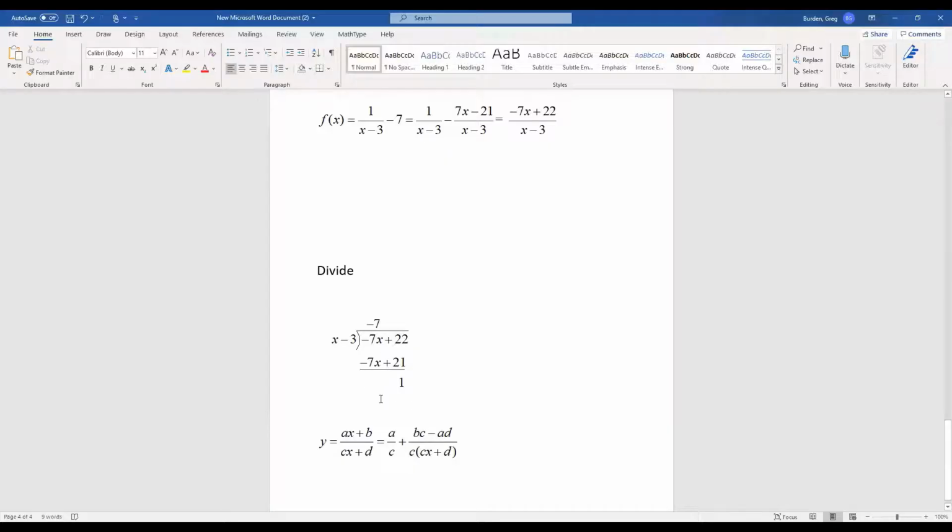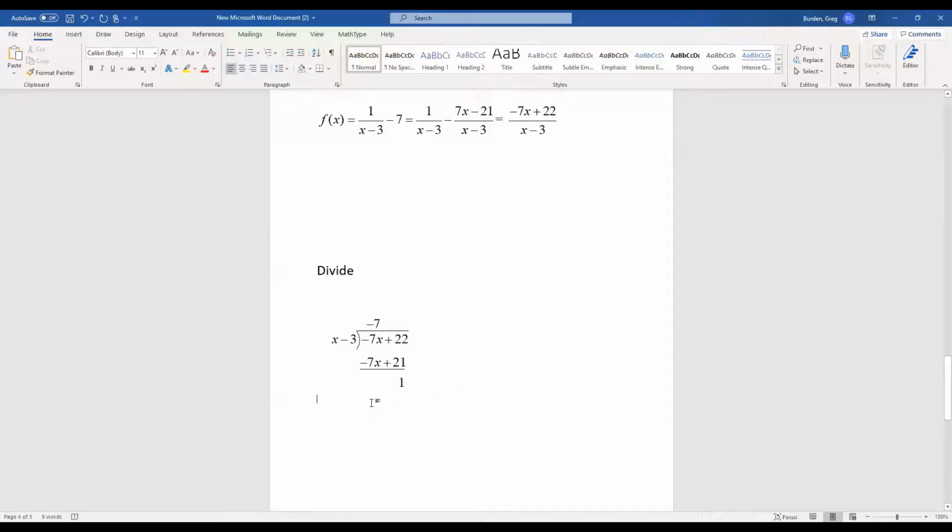It's pretty simple. x goes into negative 7x, negative 7 times x minus 3 is negative 7x plus 21. And then remember we're subtracting, so negative 7x minus negative 7x is nothing, and 22 minus 21 is 1.